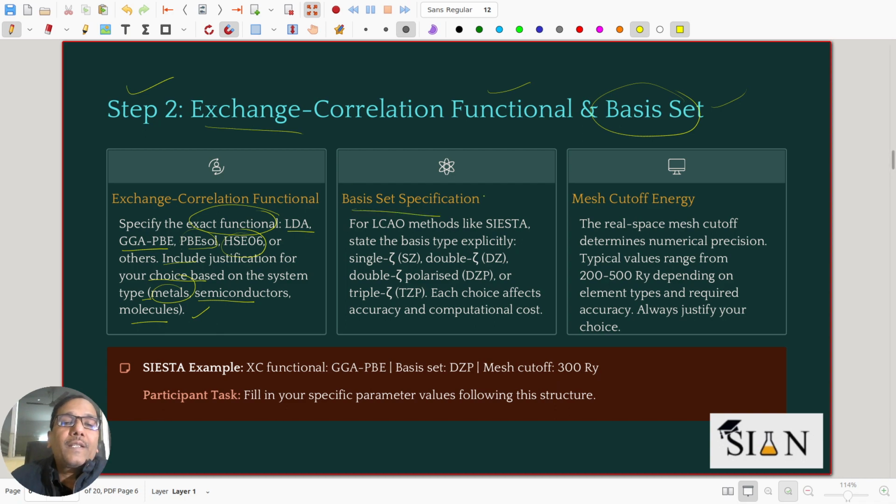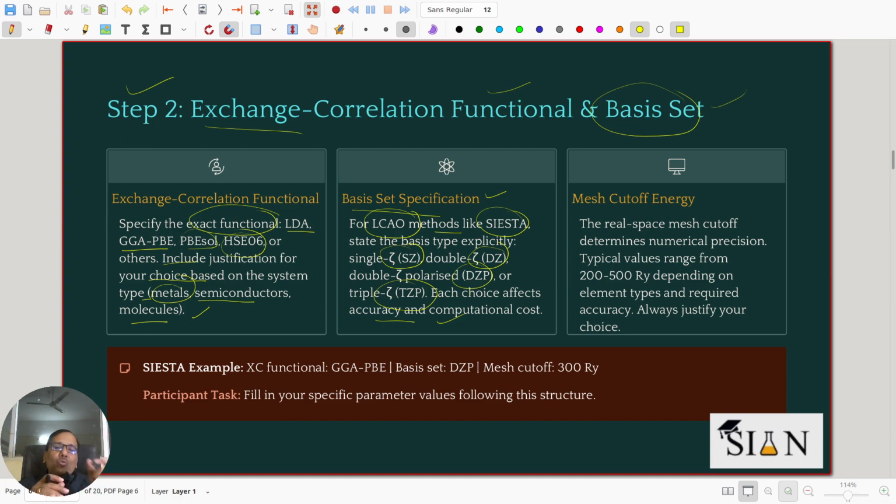And the basis set specification: for an LCAO method like SIESTA, state the basis type as single zeta, double zeta, double zeta polarized, single zeta polarized, or triple zeta polarized, and each choice affects accuracy and computational cost. When you are running your program, you need to use one input file in the form of an FDF file, and all the parameters you are using are listed there.